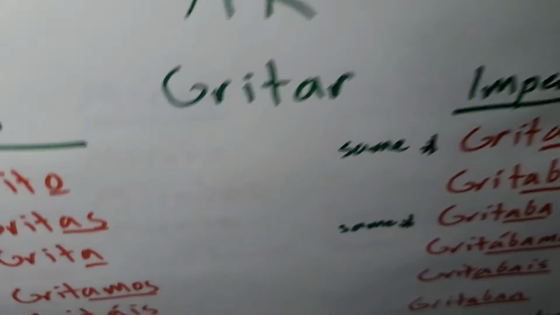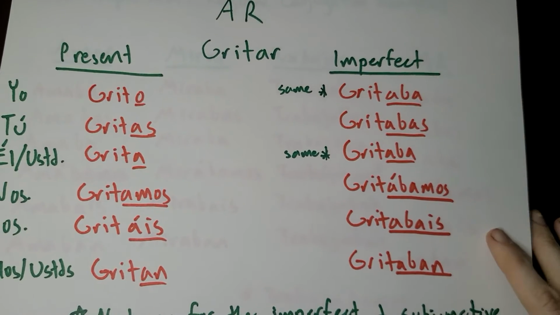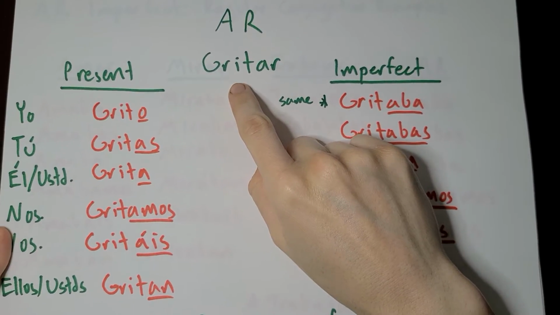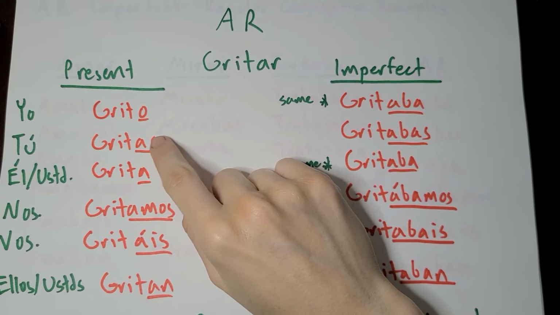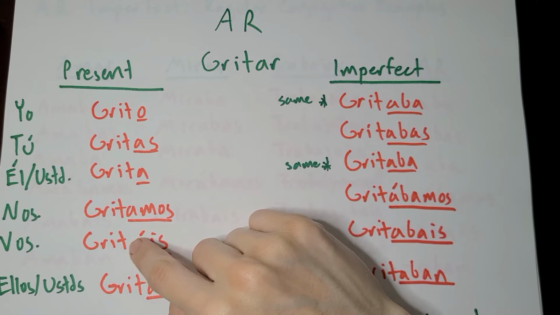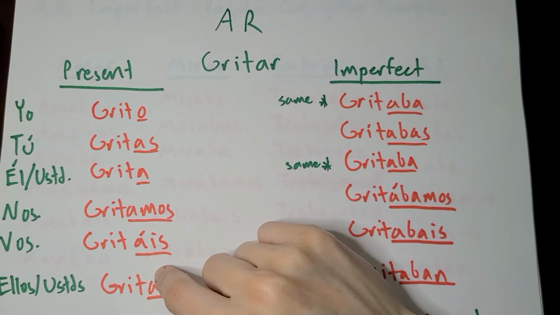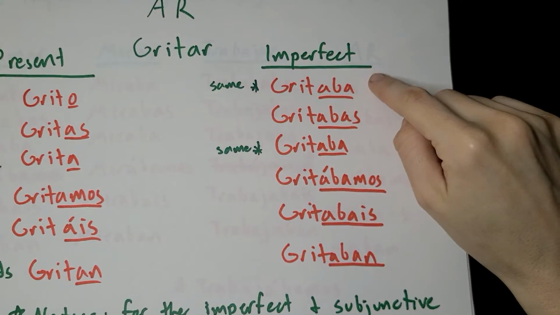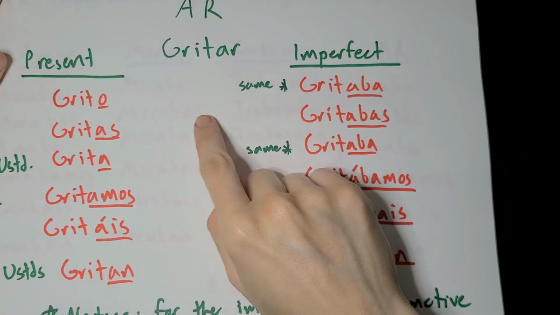So let's get right into it. So for AR verbs, let's use the example gritar, which means to scream. Present tense, yo grito, tú gritas, él grita, nosotros gritamos, vosotros gritáis, ellos gritan. Imperfect tense, this ending changes quite a lot.